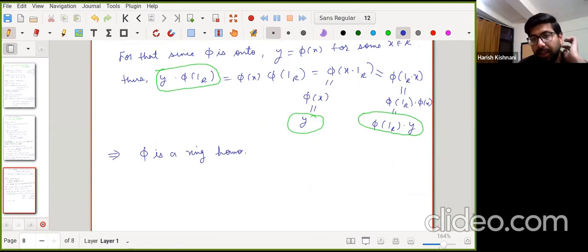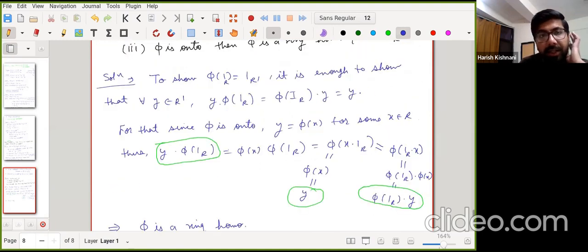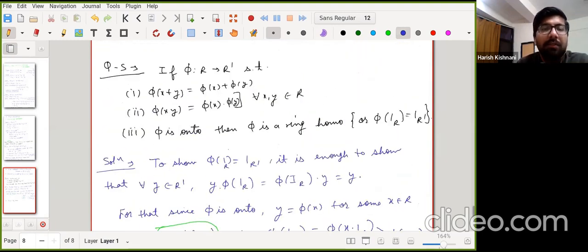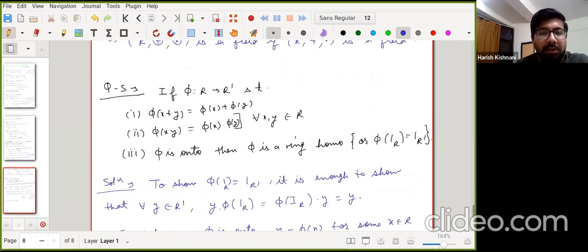Now, one question that should come to your mind immediately is whether the converse is true. If we have this thing, then whether we always have the onto condition. If that would be the case, then what's the need to define phi of 1R to be 1R dash? What's the need to define homomorphism like this?